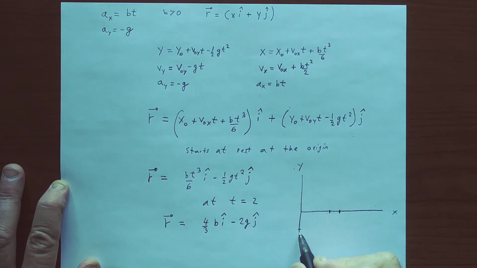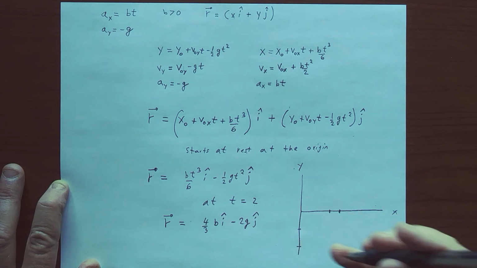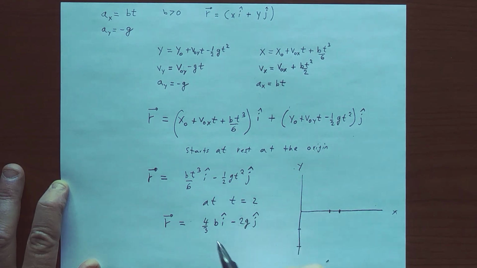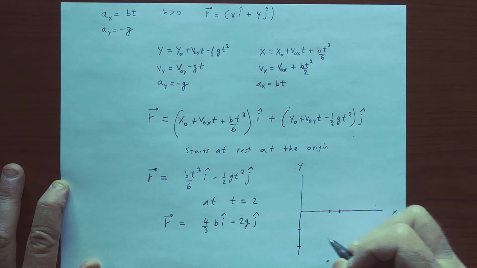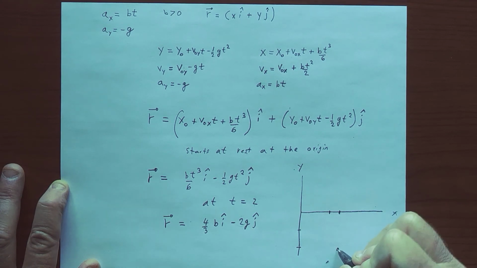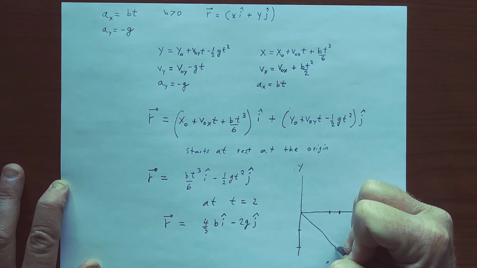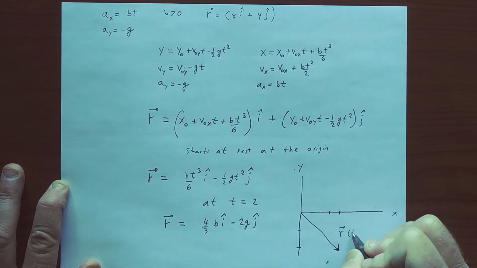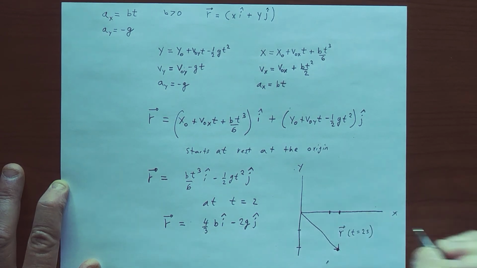It's like minus 10, and so we have minus 2g, which is like minus 20 if we're dealing with meters per second squared. The 2 obviously has dimensions, and b has dimensions such that we're dealing with distances here. So we would be somewhere over here. And here is our vector at t equals 2 seconds.